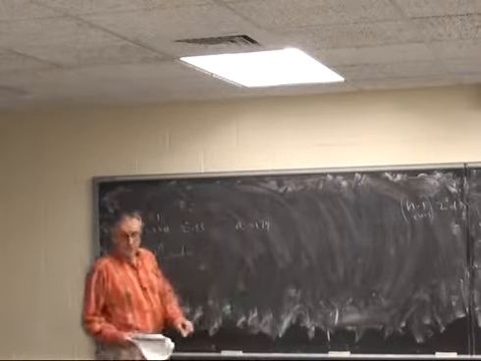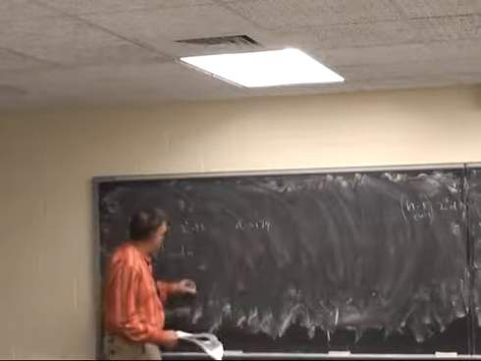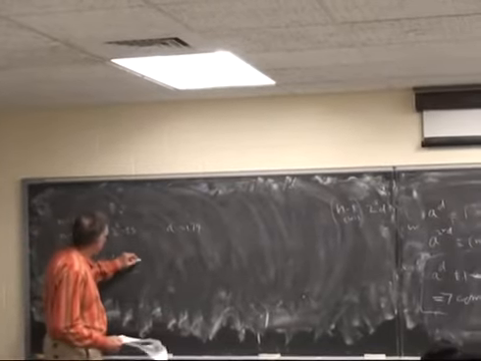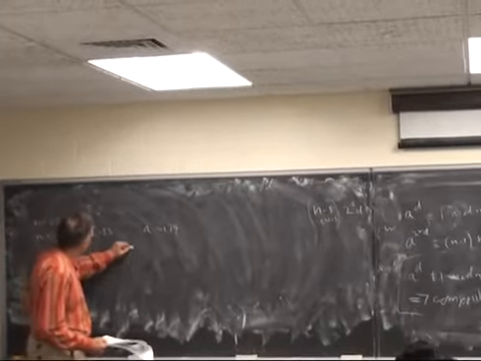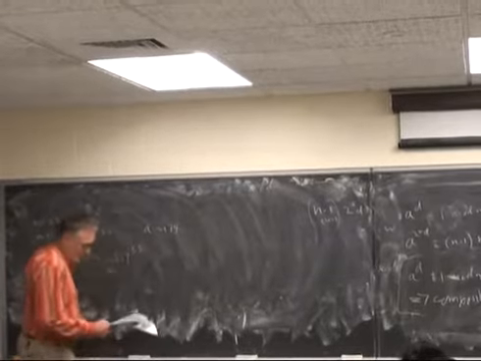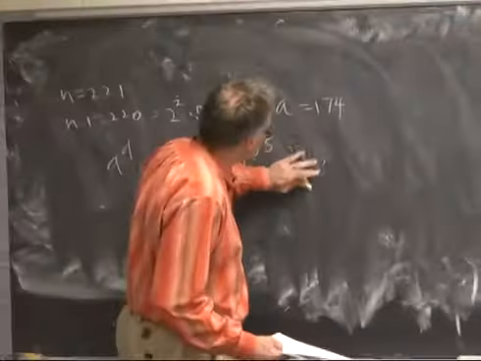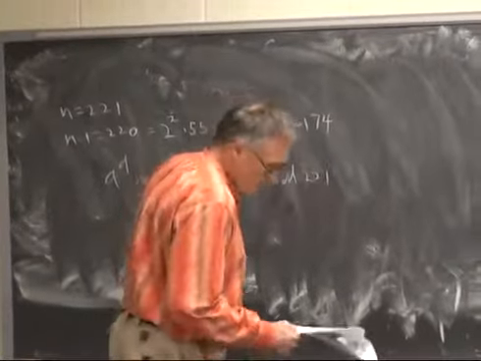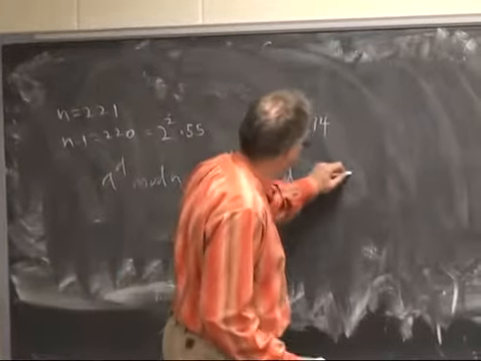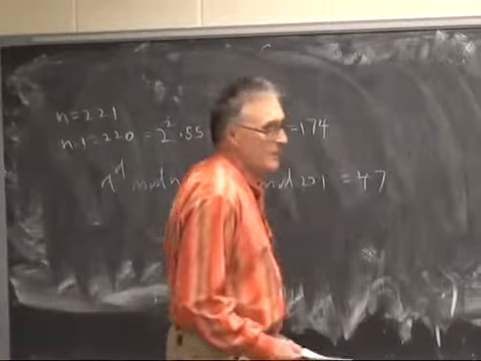No reason. So we have 174 to the 55 mod 221 is equal to 47.